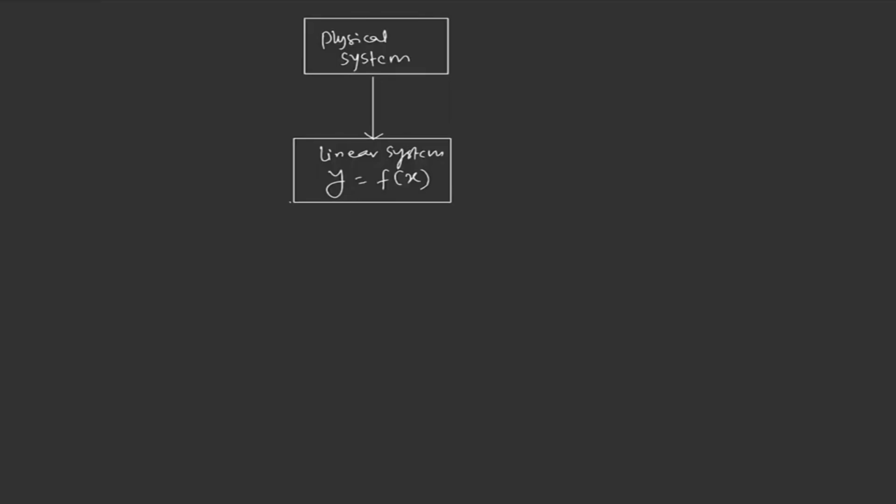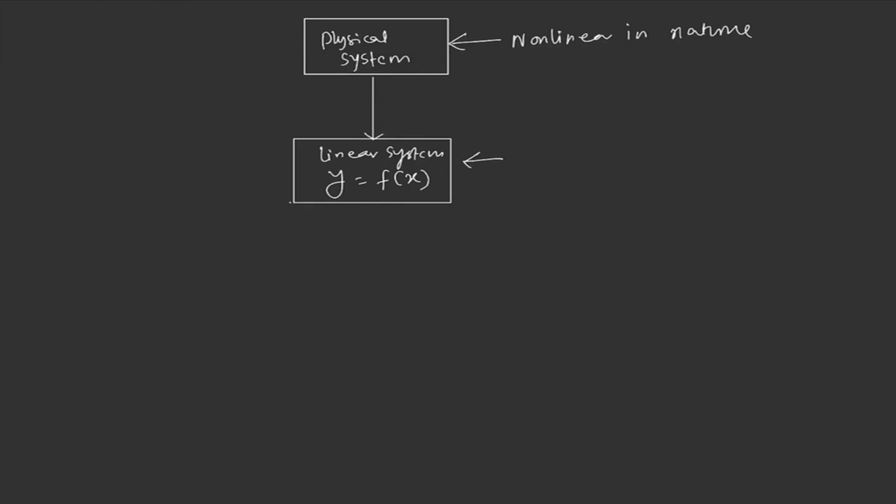As you know, all physical systems are non-linear in nature. But to design a control algorithm, in this course, we need to consider the linear system. This is my linear system, y equal to f(x). But how will we validate whether the system you have is linear or not? This answer can be given by the rule which is called the principle of superposition.